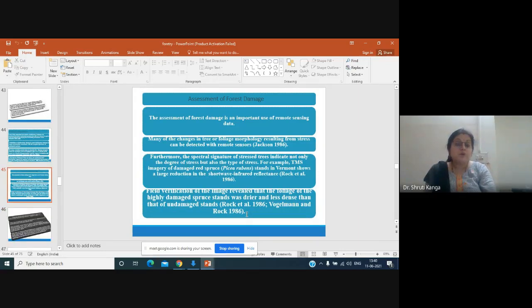Then the assessment of forest damage. Okay, so till now I have told you how remote sensing is very helpful in capturing forest ecology related studies.